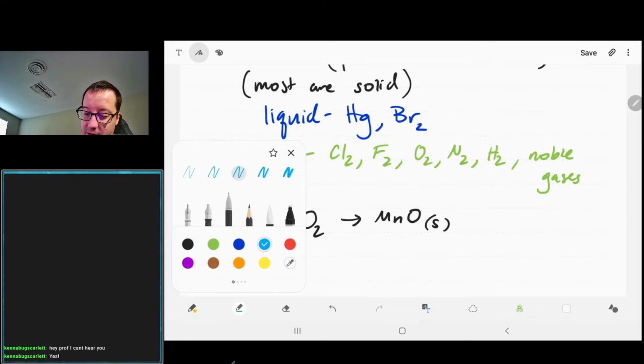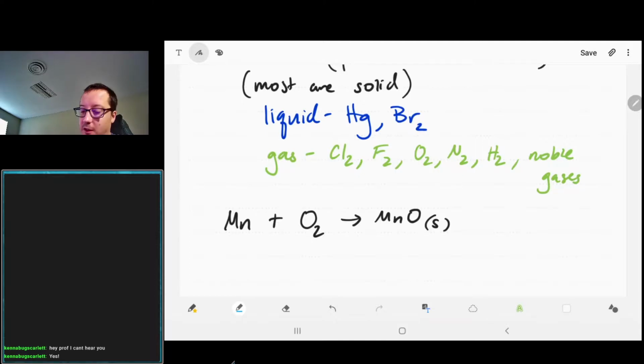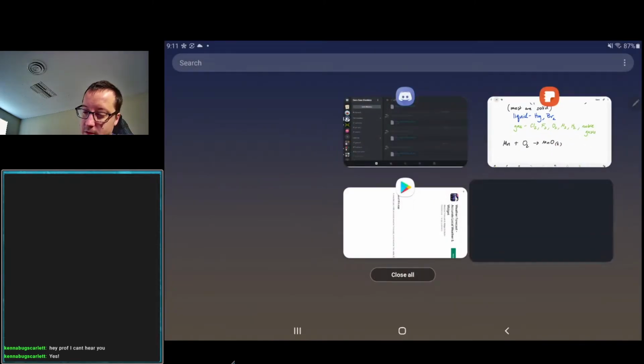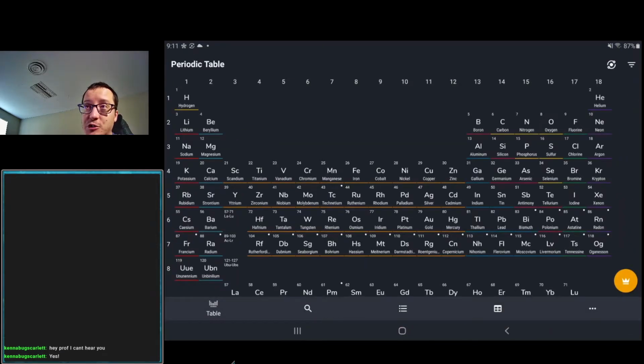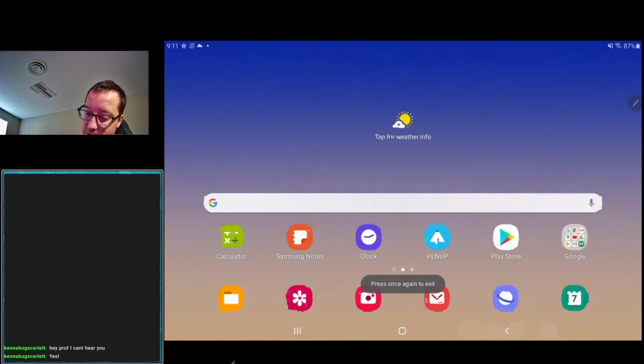We would have to find manganese on the periodic table. Again, many periodic tables do show the state of matter with various color coding. Suffice it to say, all of our metals, except for mercury, are solid at room temperature. Manganese is right here in the middle. That's going to be a solid at room temperature.